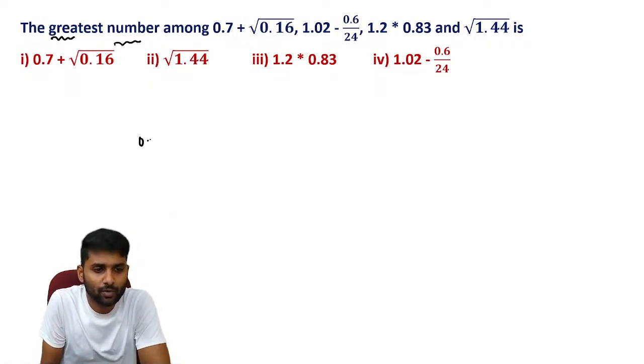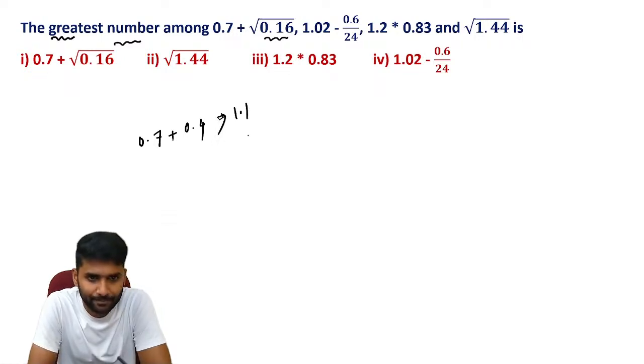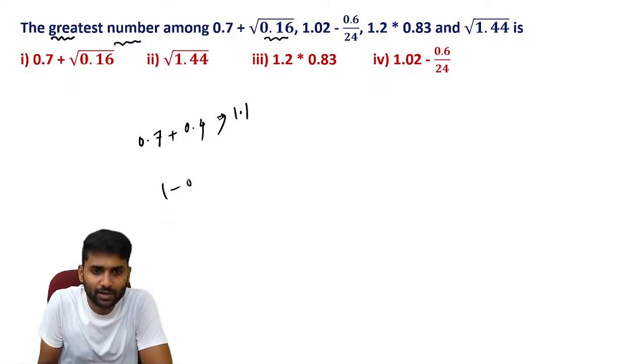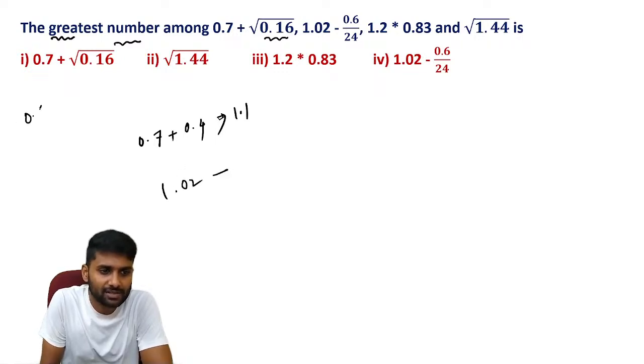Now see here, 0.7 and root over 0.16 is 0.4. 0.7 plus 0.4 is 1.1. So let's go through the second value, 1.02 minus 0.6 divided by 24. Let's do one thing. 0.6 can be taken as 6/10 and 24 can be taken as 100.